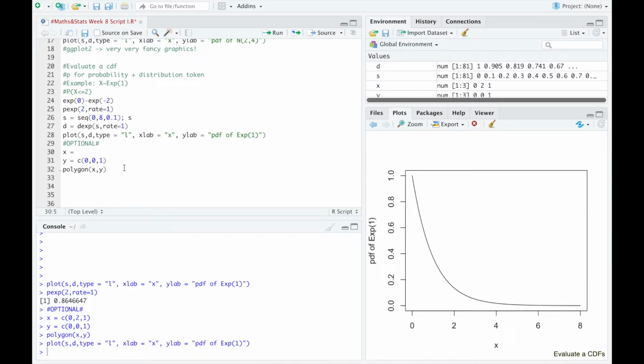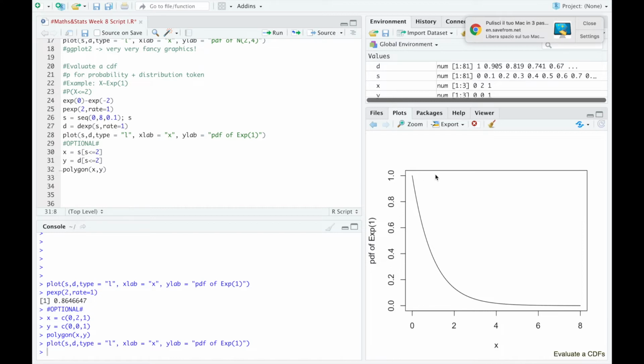We've defined them already: these are s. However, I don't want all of s, because s, recall, is a sequence from 0 to 8. I want all the entries in s such that s is lower or equal than 2. The y's of all these points are the values of the density, but only when s is lower than 2.